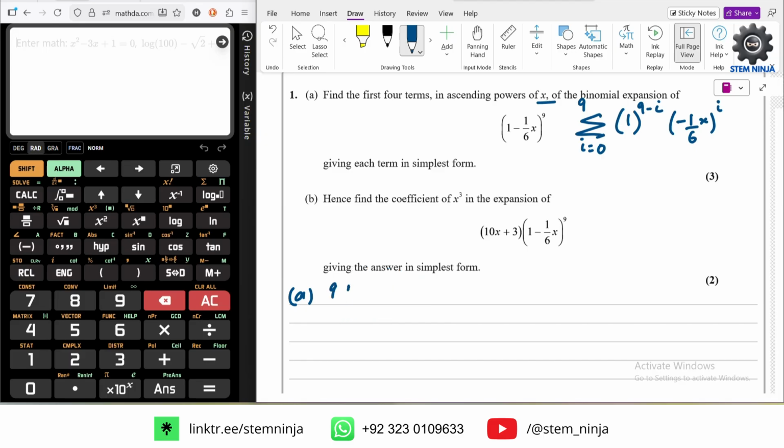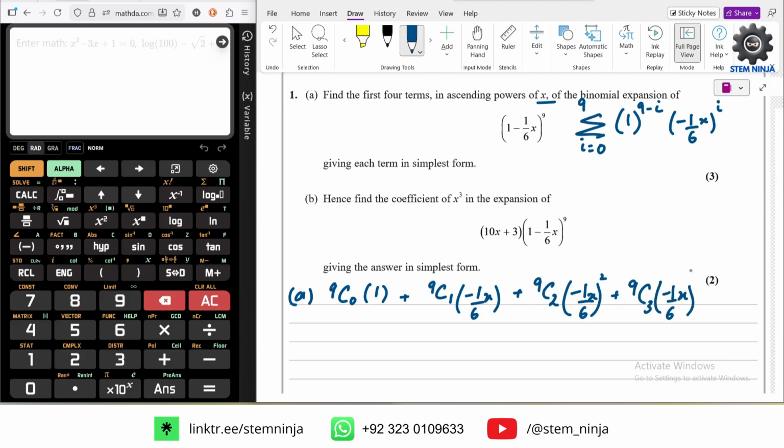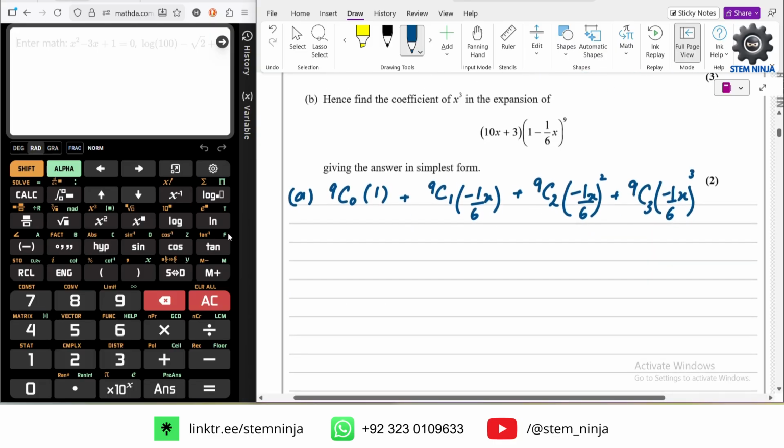So the first four terms will be 9c0, 1 raised to power 9, which just remains 1. 1 over 6 part would remain 0. 9c1, 1 to the power 8 would remain 1, and minus 1 over 6x. Then we do 9c2 minus 1 over 6x squared plus 9c3 minus 1 over 6x cubed. So these are the first four terms.